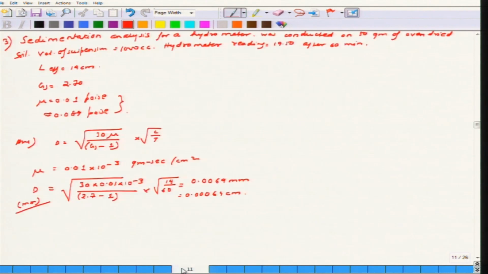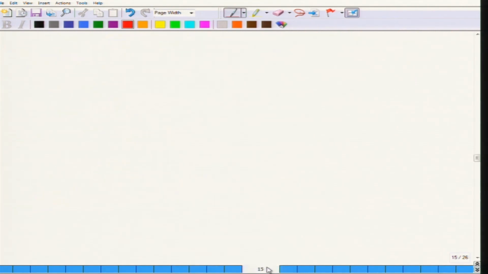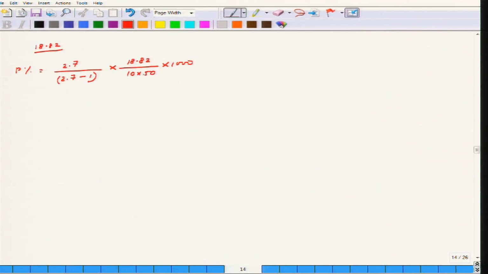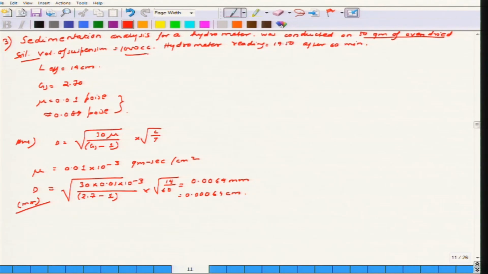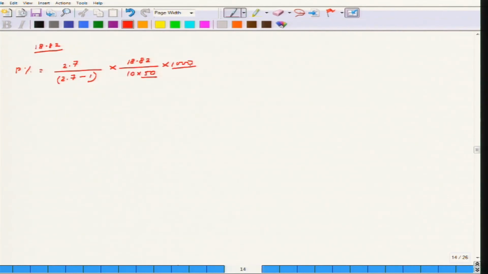Where did this 50 come from? As I have already said, 50 gram of oven dried soil is taken, and the suspension is of 1000 cc. That is what W is. If you solve this, it comes out to be approximately 59%. So this is the percentage finer for the hydrometer.